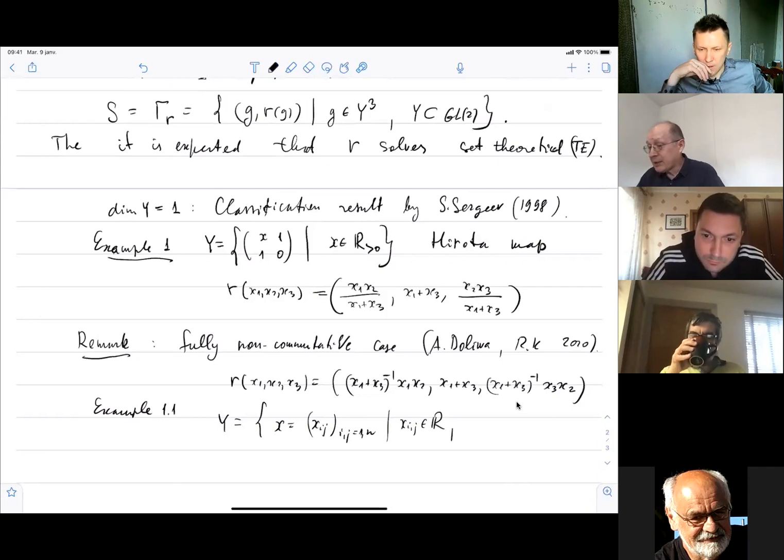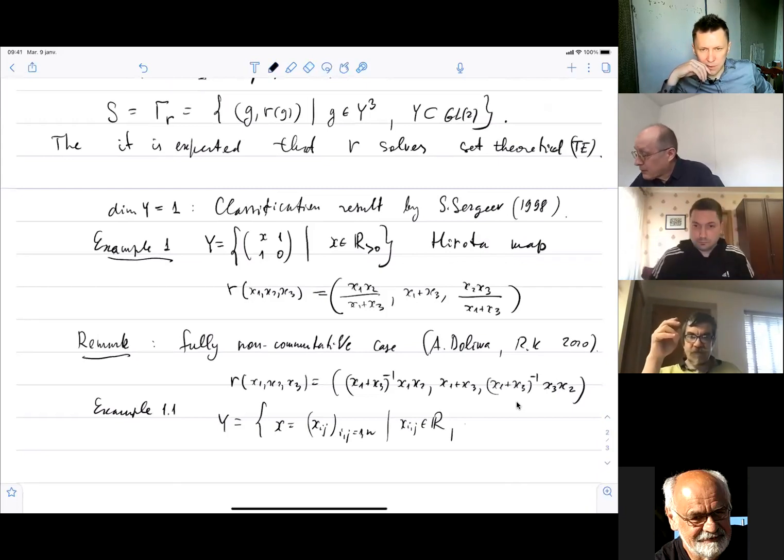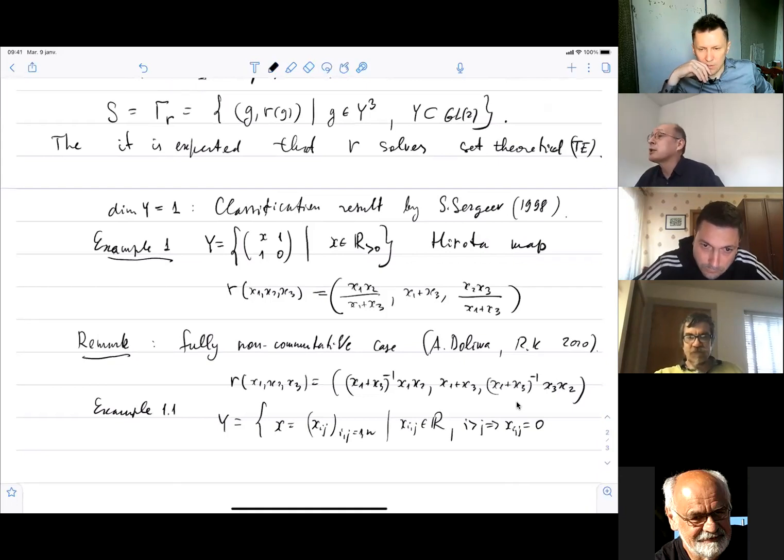But first, I assume that the Xij form an upper triangular matrix, which means that if i is strictly greater than j, then Xij is 0. And the second condition, the diagonal is strictly positive. So my set Y is like this.